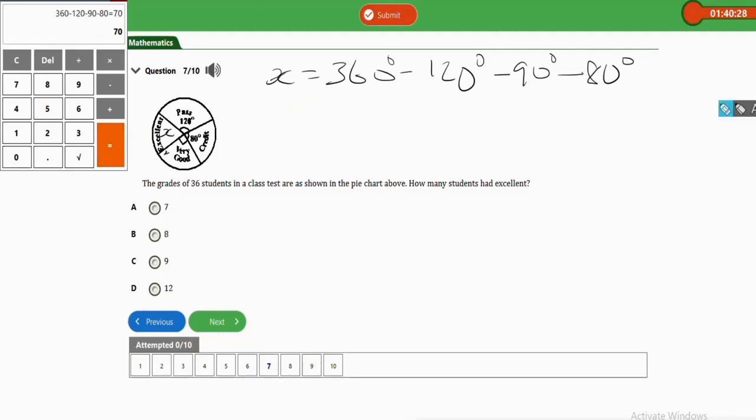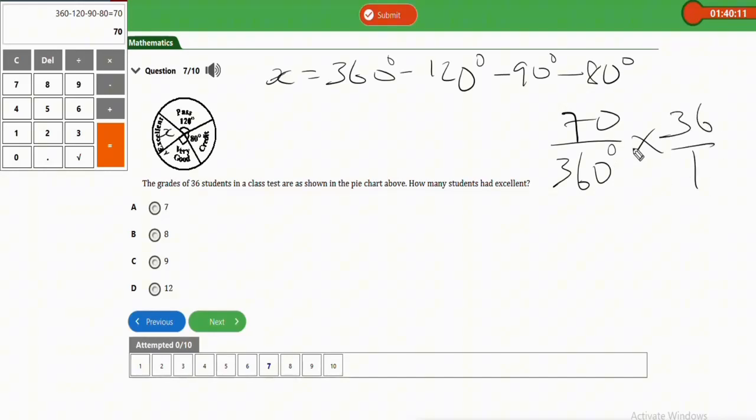Okay, so this will give us 70 over 360 degrees times the grade of 36 students, 36 students in total over 1. So let's punch this on the calculator and see the result.